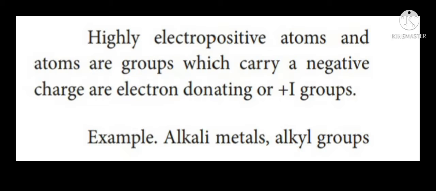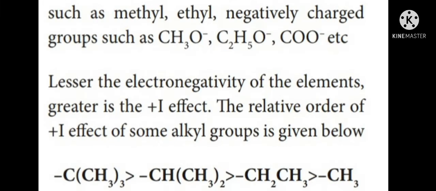Alkali metals, alkyl groups such as methyl, ethyl, and negatively charged groups such as CH3O-, C2H5O- and COO- are examples for plus I groups. The lesser the electronegativity value, the greater will be the plus I effect. The relative order of plus I effect of some alkyl groups is given here.